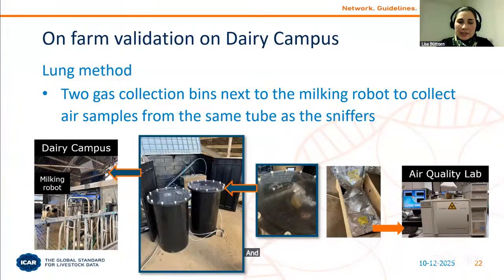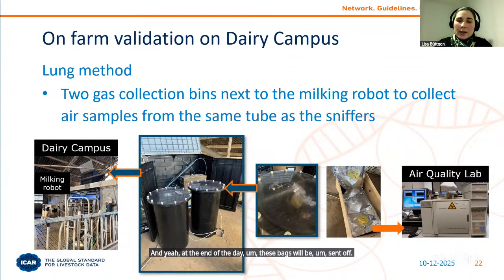And inside these gas collection bins, you see an aluminium bag, which fills over time with the gas sample. And at the end of the day, these bags will be brought to the air quality lab.